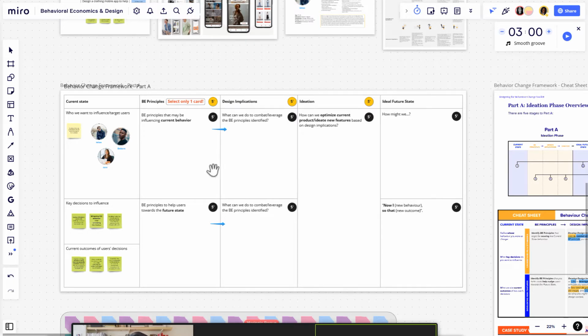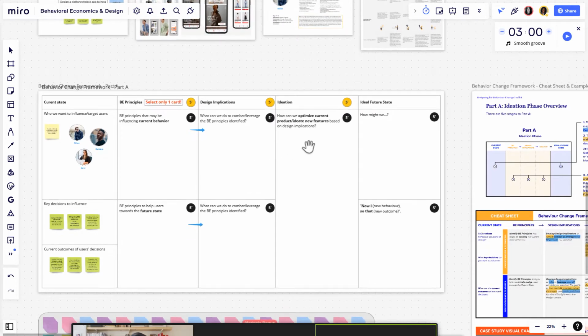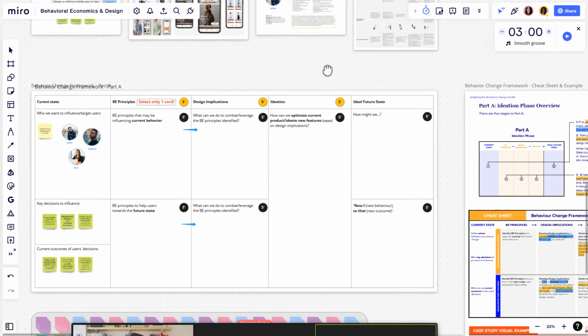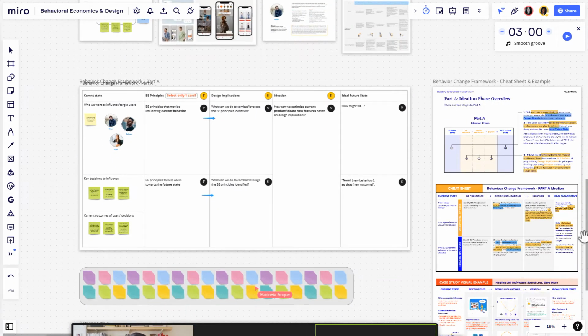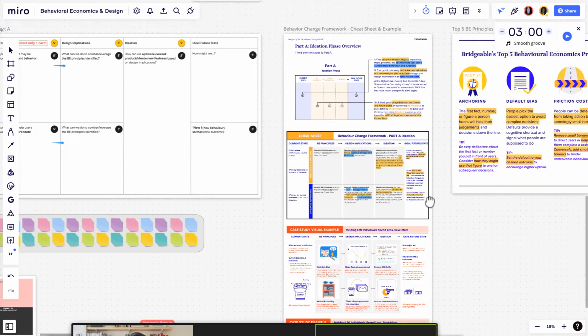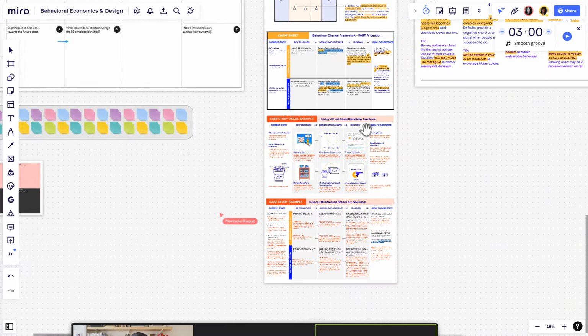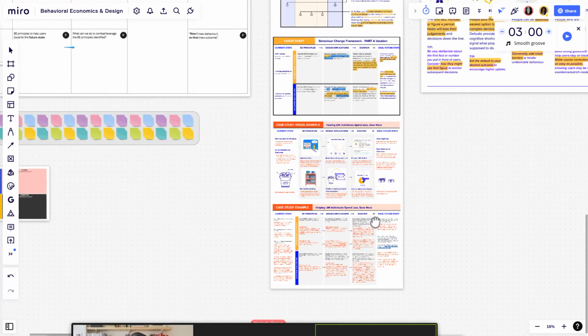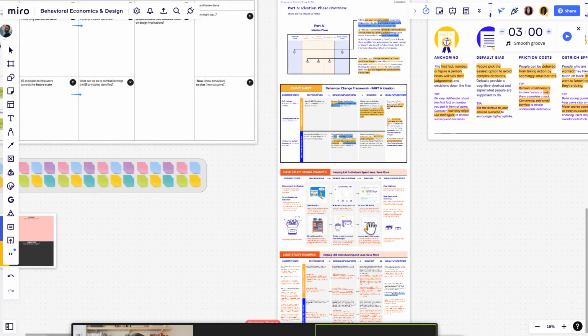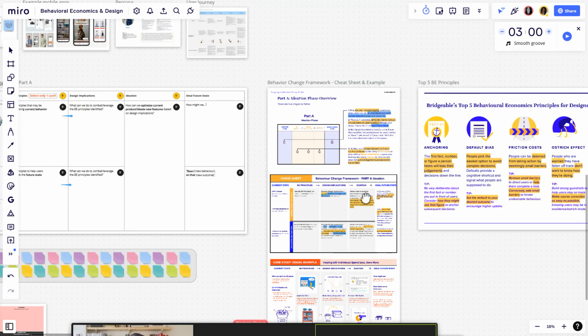In between them, we have behavioral economic principles that describe the current behavior, then design implications that will be kind of rules that will guide us in the design process, and then an ideation phase for optimizing for a current or future application. So on this side, you have some more descriptions. If you're interested, you can have a look during the session. Just for you to see an example of how this is applied in another use case.